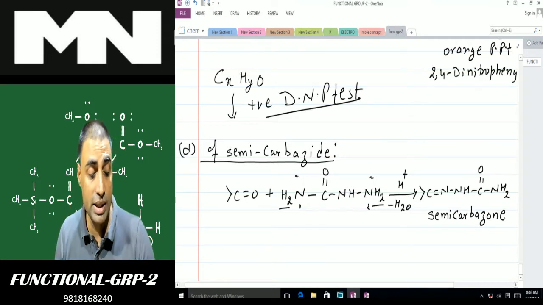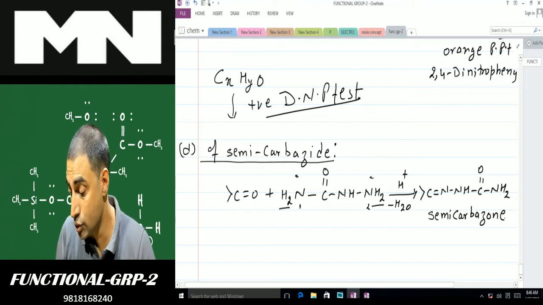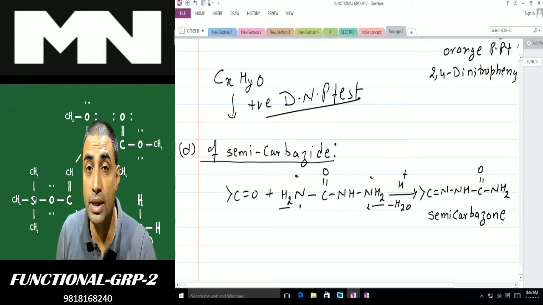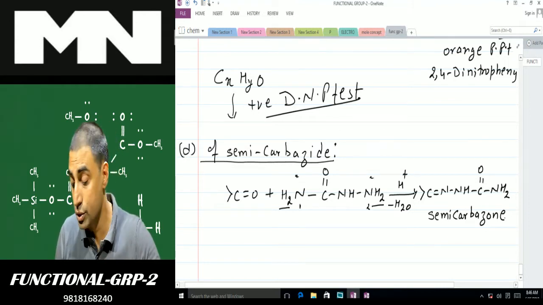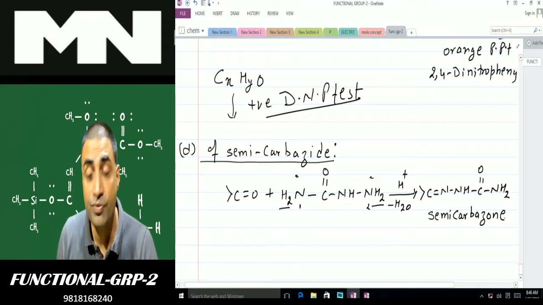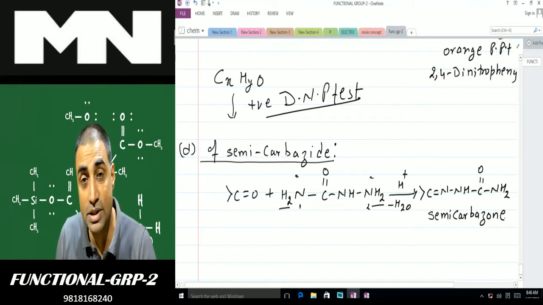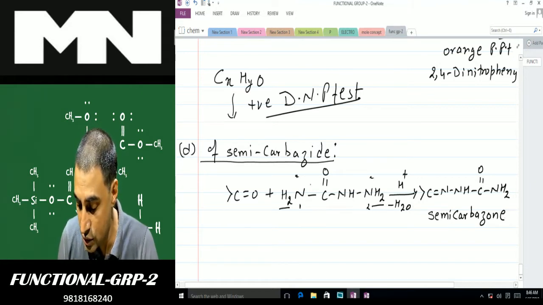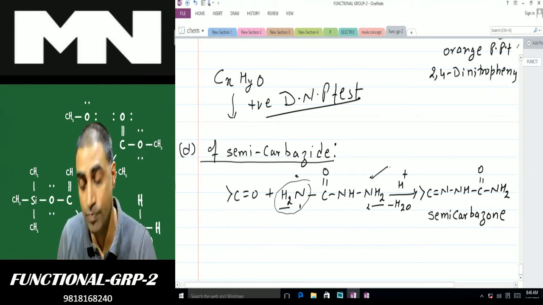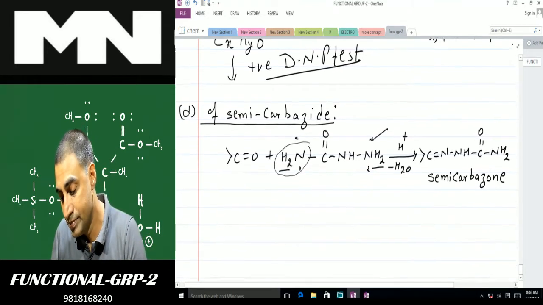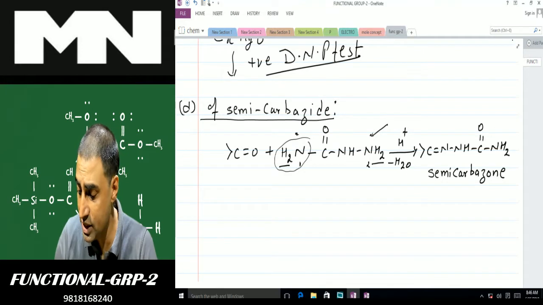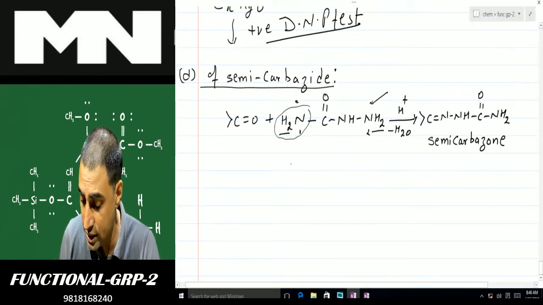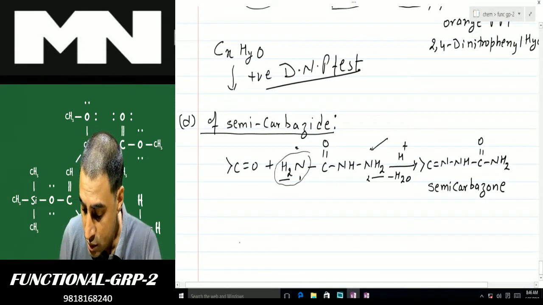Well, the question which I am telling you is there in your textbook also. And it is one of a very important question. Many a time it is asked, give reason why the nitrogen which is attached to carbonyl group does not act as a nucleophile. That means this nitrogen does not act as a nucleophile. Why is it this nitrogen which is acting as a nucleophile? Well, for that we'll see the structure of semicarbazide in detail. The structure is like this.